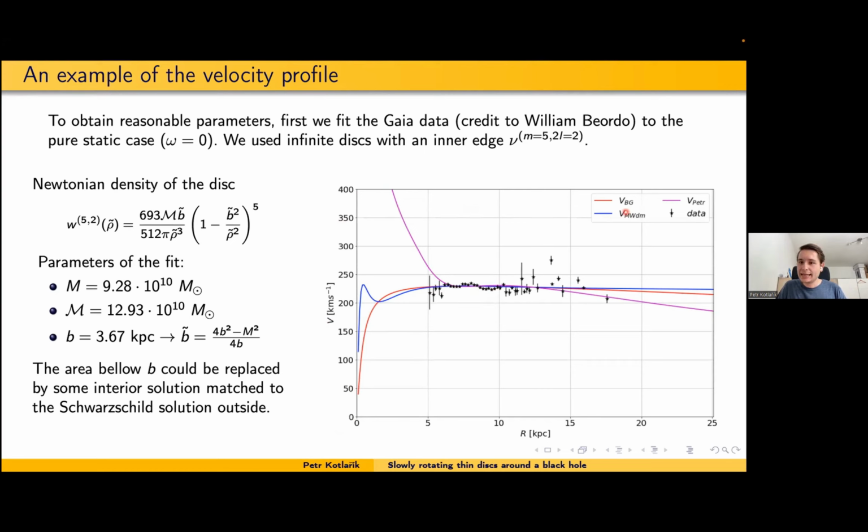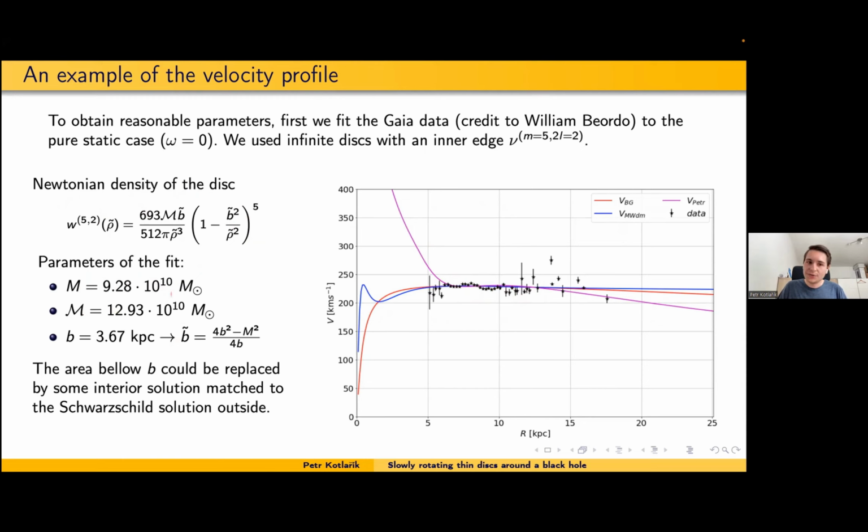This red line is the BG model, the blue line is the standard Milky Way model, and the disk with a black hole model is this purple one. We use a disk whose Newtonian density looks in this way. As you can see, the plot is relatively nice around 10 kiloparsecs. And the parameters of the fit are displayed here.